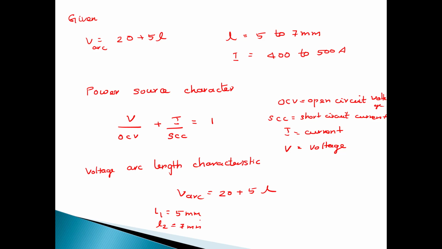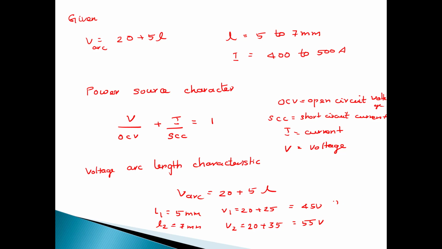While substituting these two lengths in this equation, V1 will be 20 plus 25, V2 will be 20 plus 35, that is 55.